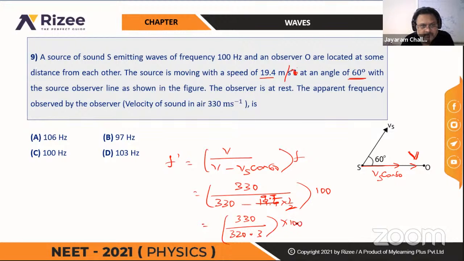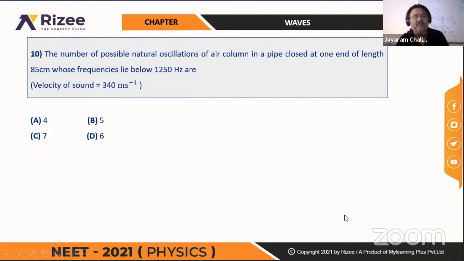If I divide, what should be the value? The numerator is greater than the denominator, so the value has to be greater than 1 only. Approximately, we should be getting around 1.03, and into 100 that will lead you to 103 hertz. So you should be practicing and remembering these types of small calculations, which will be useful for you in Doppler problems.